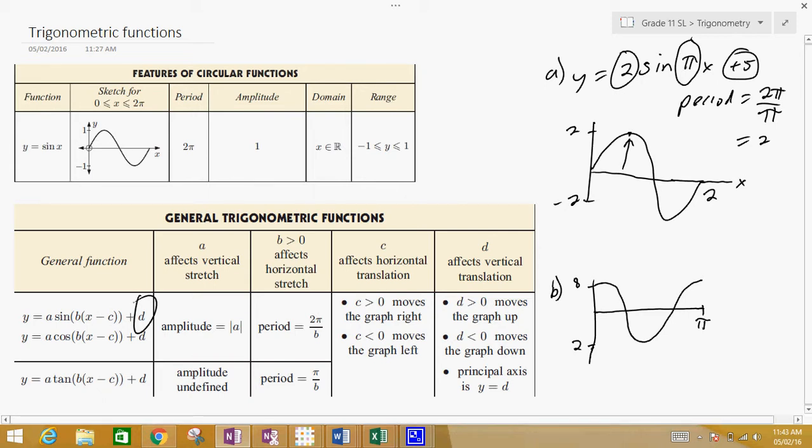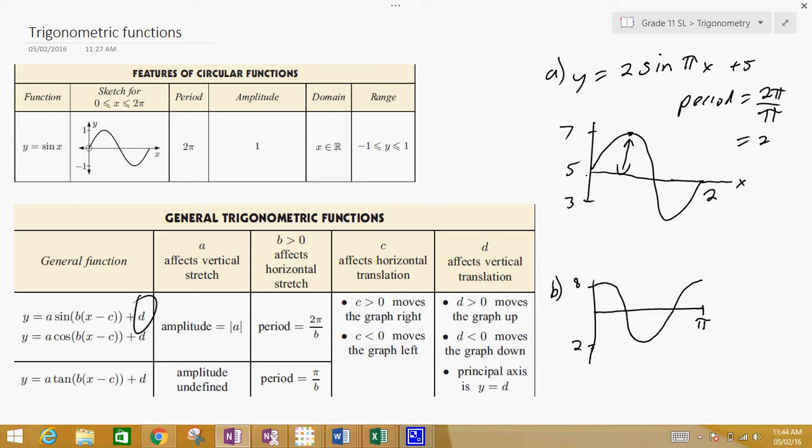So if I had this point, which is at 2, y equals 2, and I move that up 5, I am not at a maximum of 2, but I'm now at a maximum of 7. The middle point of your graph that was at 0 is now moved up to 5. And your lowest point is not negative 2, but is now at 3. As you can see, our amplitude is still 2, so that's all good. And we've just drawn y equals 2 sine pi x plus 5.